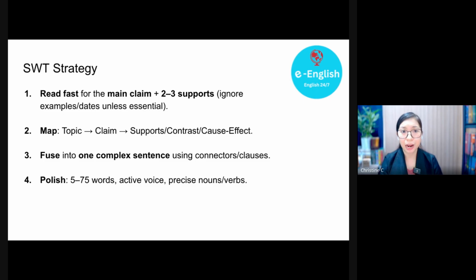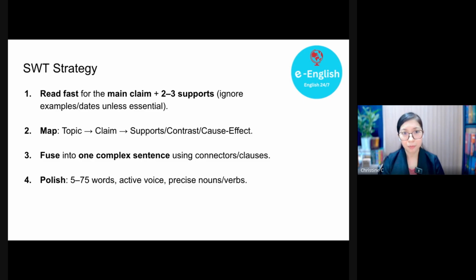Okay. So for now, we are going to focus on our topic. Other questions that are not about the spoken text and the written text summarizing task will be answered later. So, after we read fast for the main claim and 2 to 3 supports, we follow this guideline. We have a map of what you're going to write about.